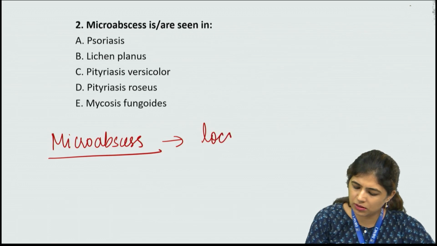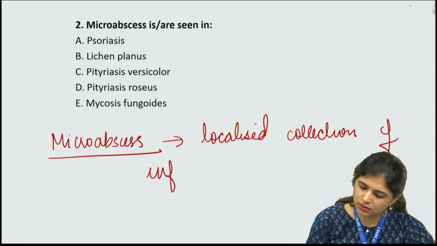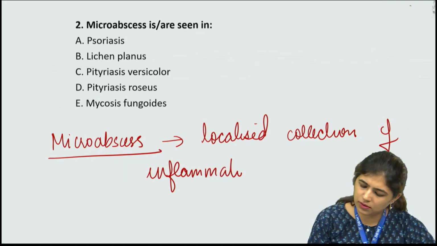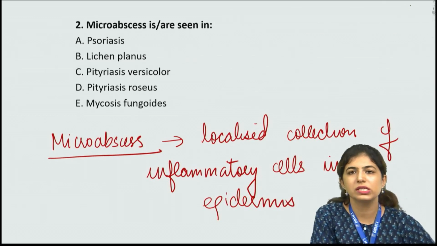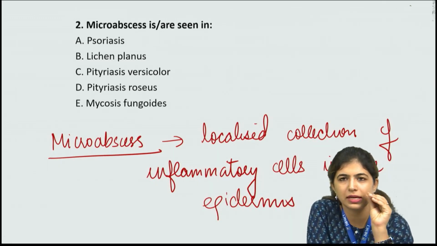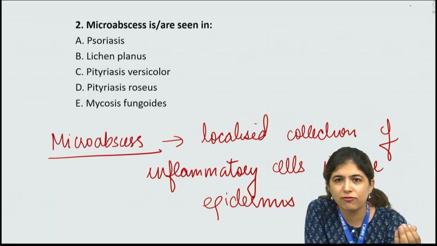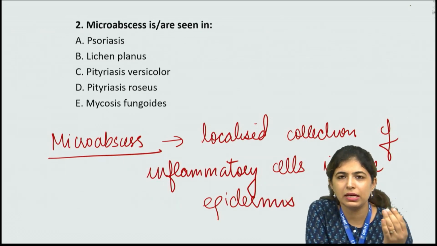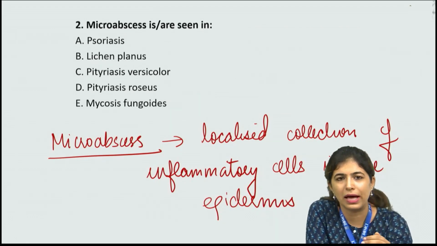This is a localized collection of inflammatory cells in the epidermis. So this is a small little collection of inflammatory cells, whatever it be. It may be a neutrophil, it may be a lymphocyte, in any of the layers of the epidermis. So this is a micro-abscess.